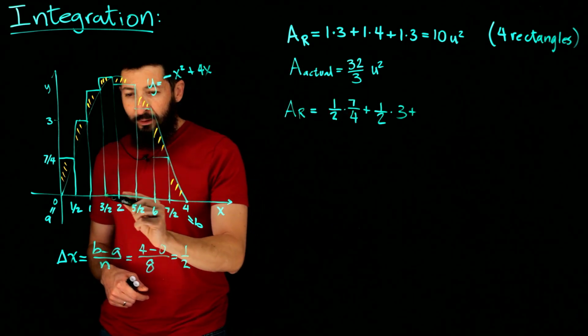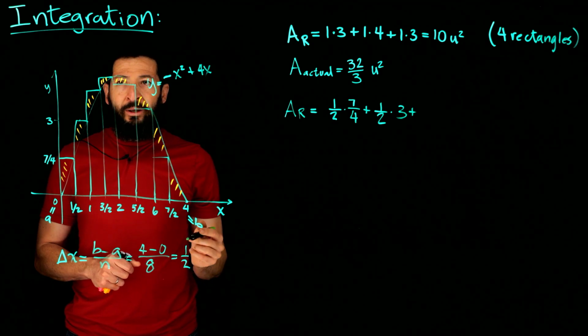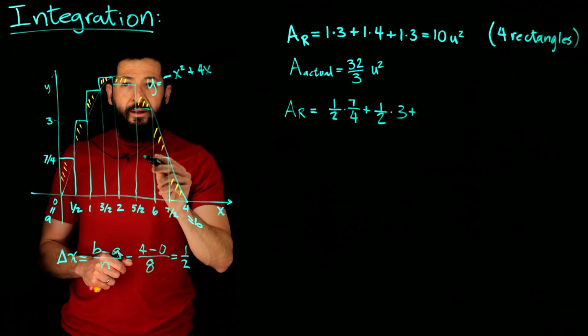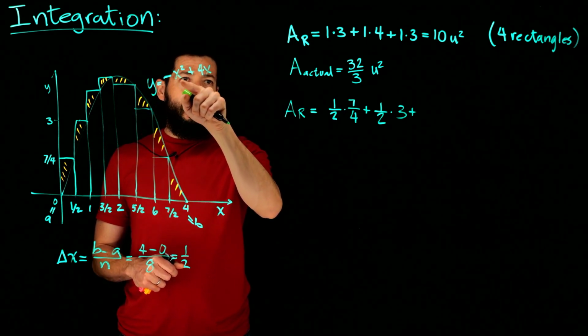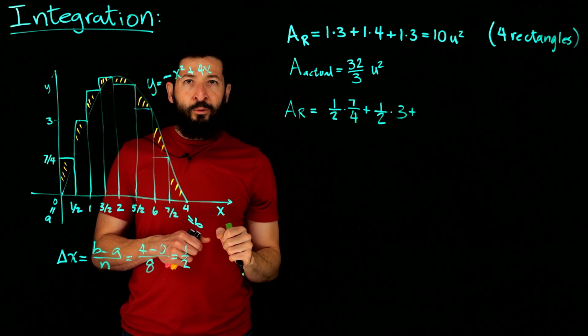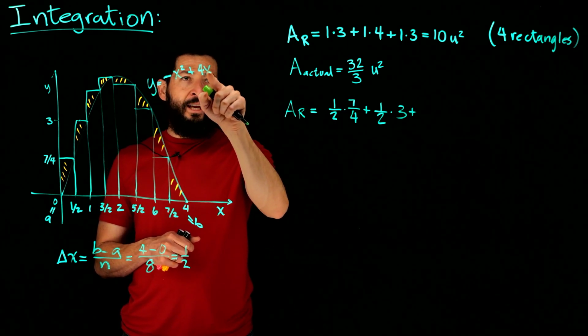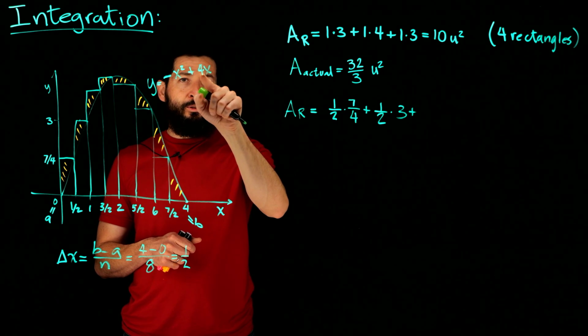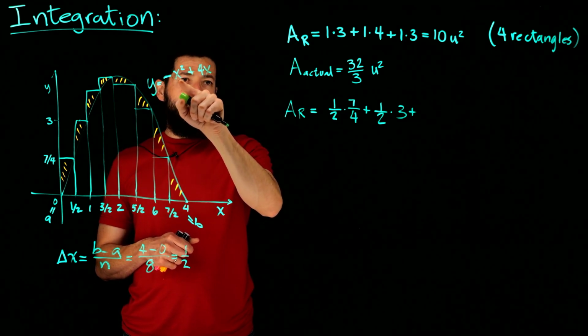So third rectangle, I'm here at 3/2, and at 3/2 I have to compute it again, so I have to put 3/2 in here. So 3/2 squared is going to be 9/4, so negative 9/4, and then when I plug 3/2 in this x, I'm going to have 3/2 times 4, which is 6, and then you have 6 minus 9/4.